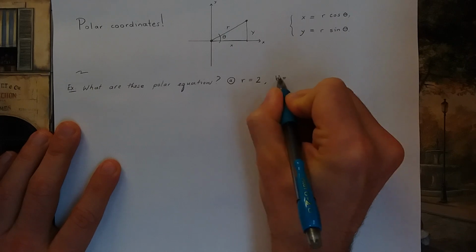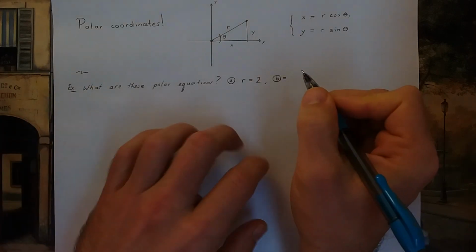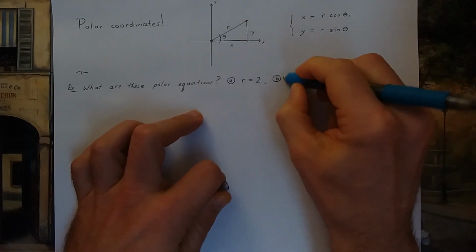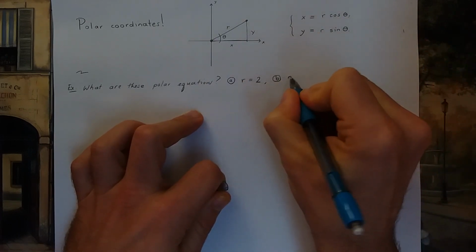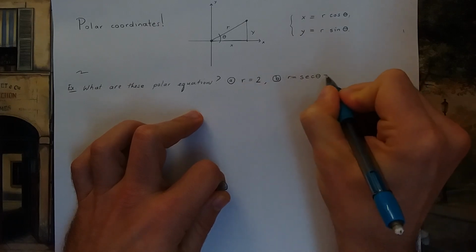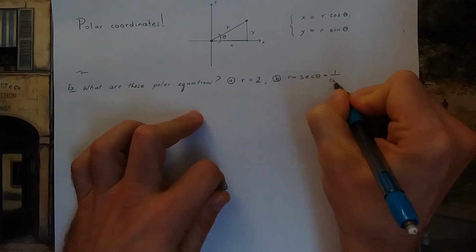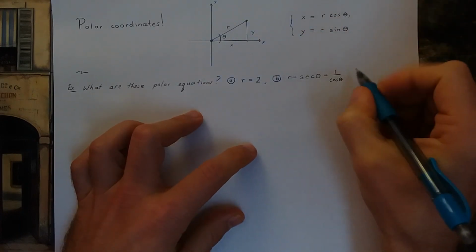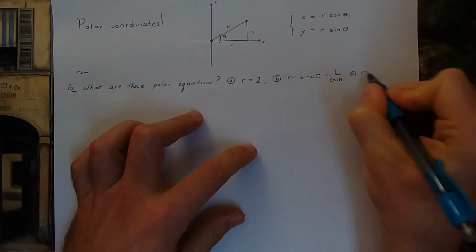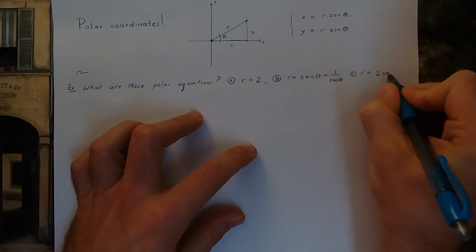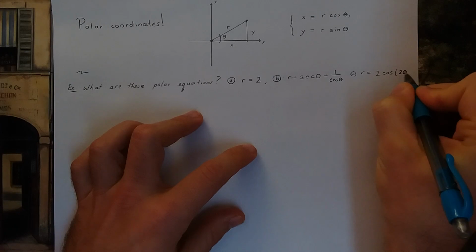Let's do B. r equals secant theta, which we know is 1 over cosine theta. And let's do the third one. r is, how about 2 cosine 2 theta?